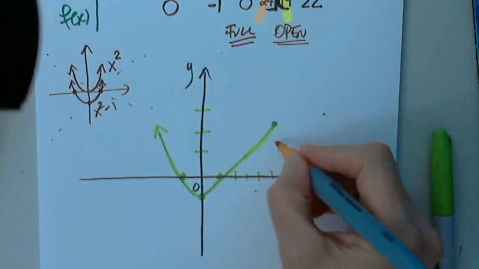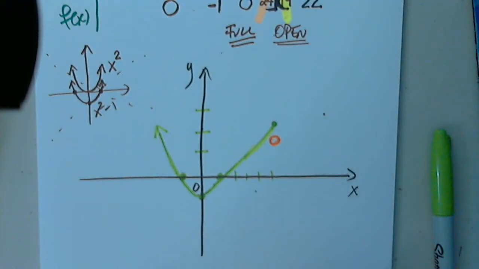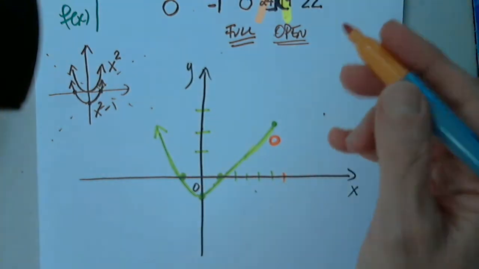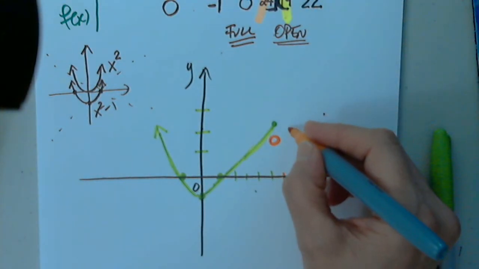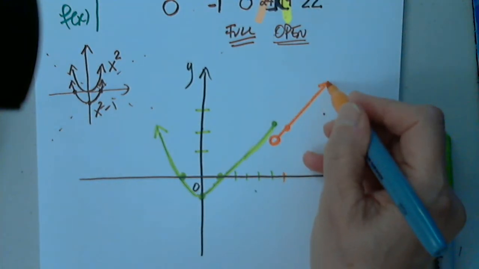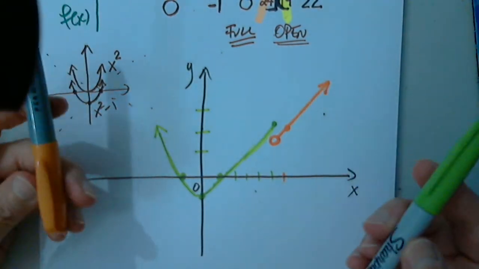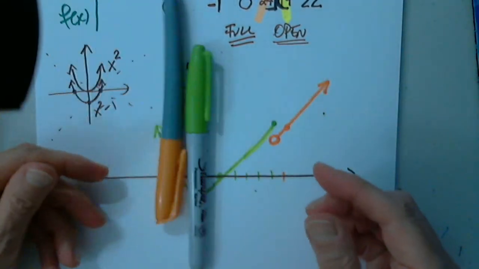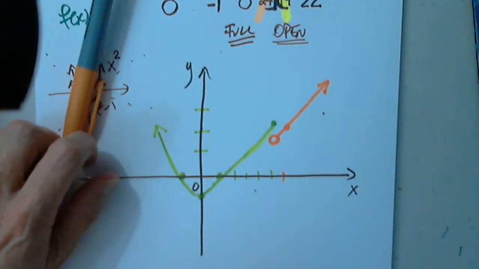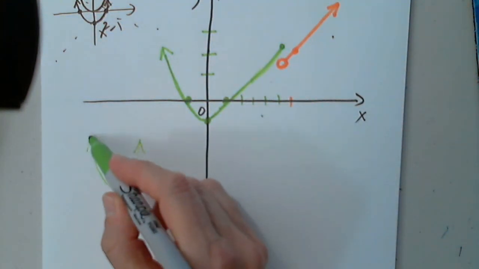So 5, 19, it's going to be an open point. And then 6, 22 somewhere here. And this is the linear piece. Why I use two colors, not a big deal, but I want to make sure you understand that you cannot ever graph something like this.